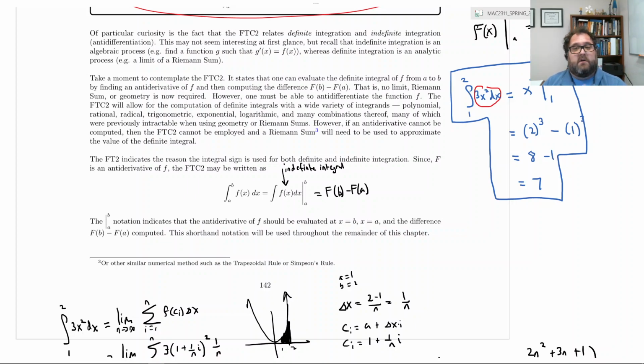Because, again, different ways to get the exact same answer. Each one has its place. Both are important. But the fundamental theorem part 2 is going to be our go-to method going forward. It's important to know both, especially for testing purposes. But for routine definite integral evaluation, the fundamental theorem part 2 is going to be our go-to method from here on out for the rest of the class.